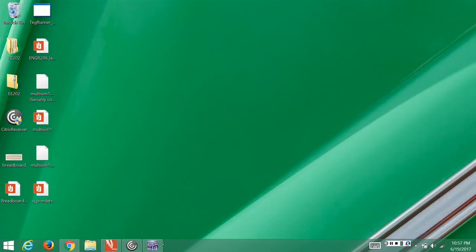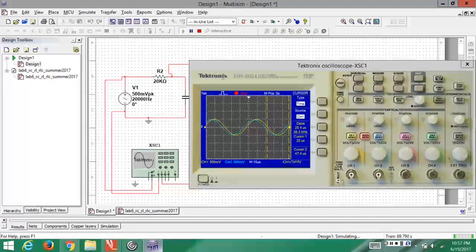It could be a little less accurate, but the main idea is if you want to measure the phase angle, the phase difference between VR and the voltage source, you need to see how much the VR waveform is leading the VS waveform, and to do that we are going to use the cursor button on the oscilloscope and place the cursors on the waveforms where it intersects the x-axis, take time readings, and then find the difference of those time readings, and then use that to find the phase angle.